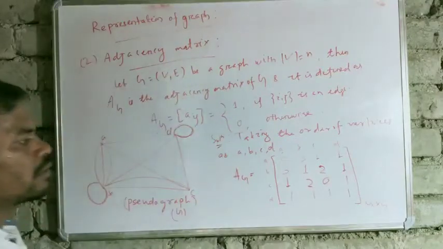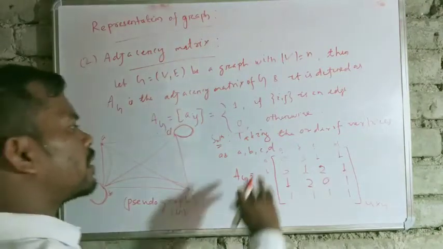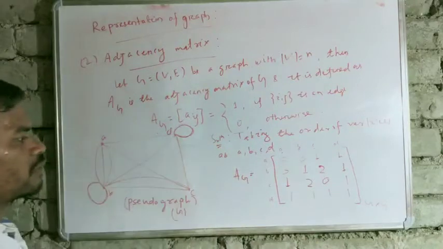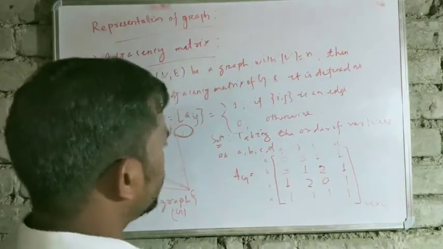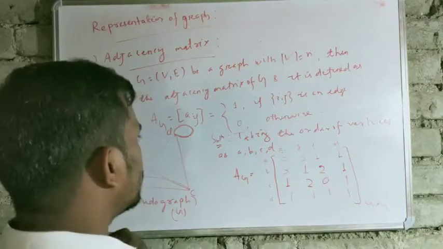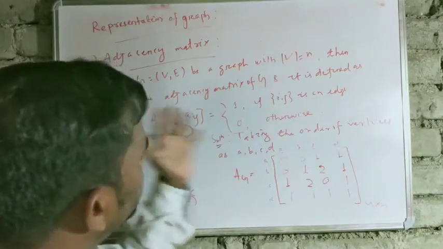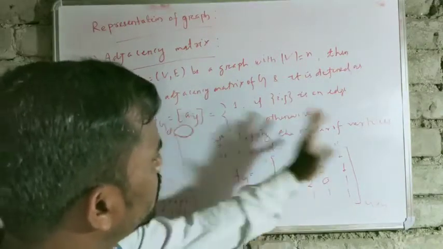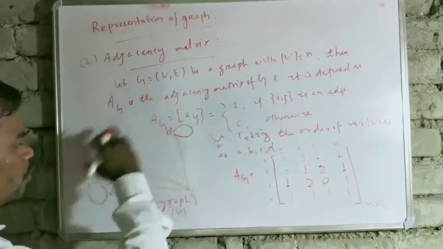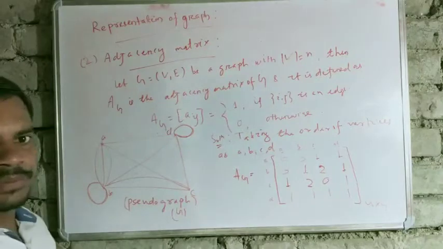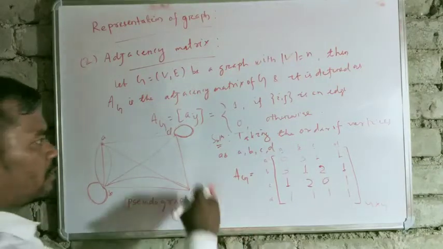Okay, now this is your adjacency matrix for this pseudograph. Understood? Also, we can get back from this adjacency matrix to a graph, because this thing represents a graph.